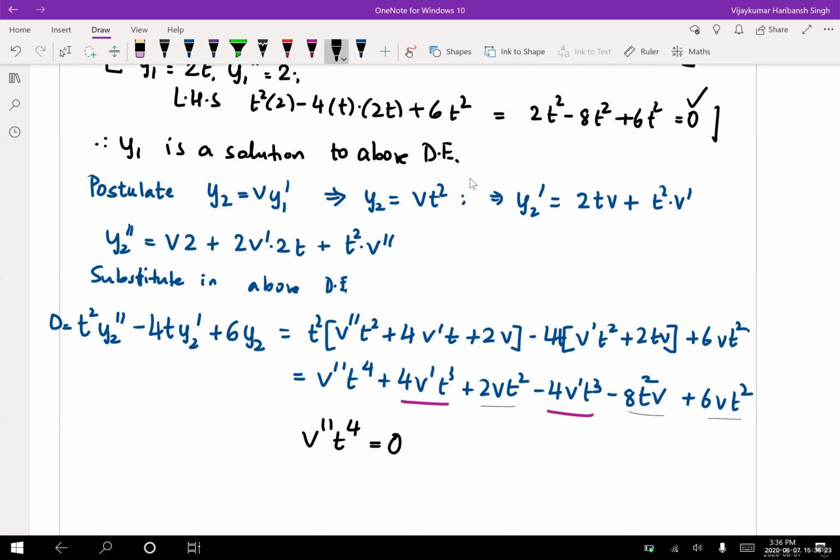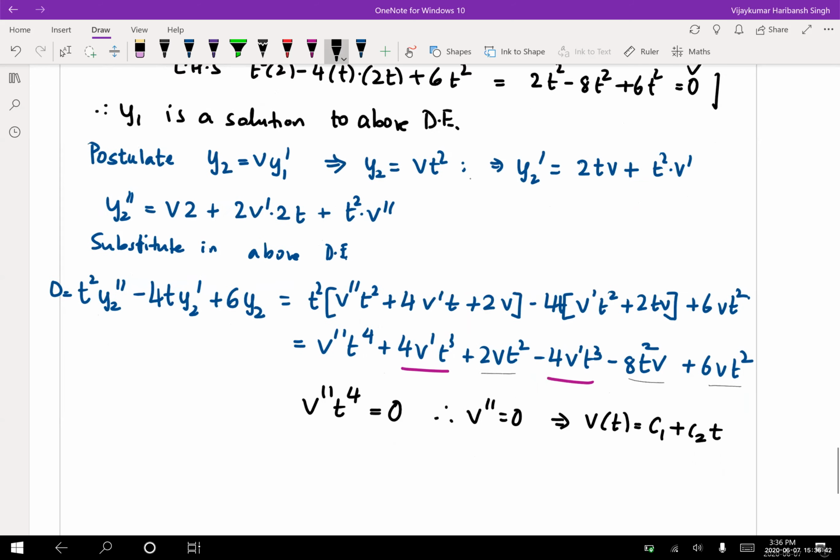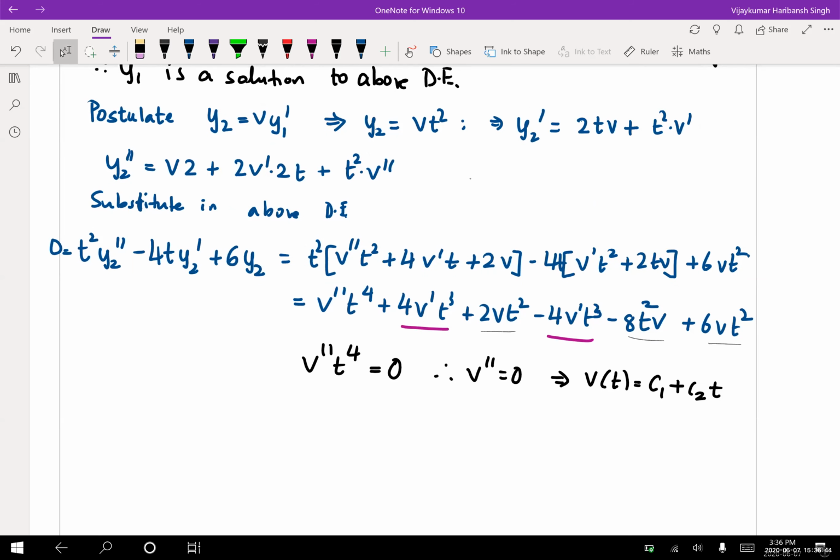Now, what should happen? t to the power 4 is not always 0, so therefore v double prime must be 0. This means v of t is some c1 plus c2 times t. Again, you can pick c1 equals 0 and c2 equals 1.